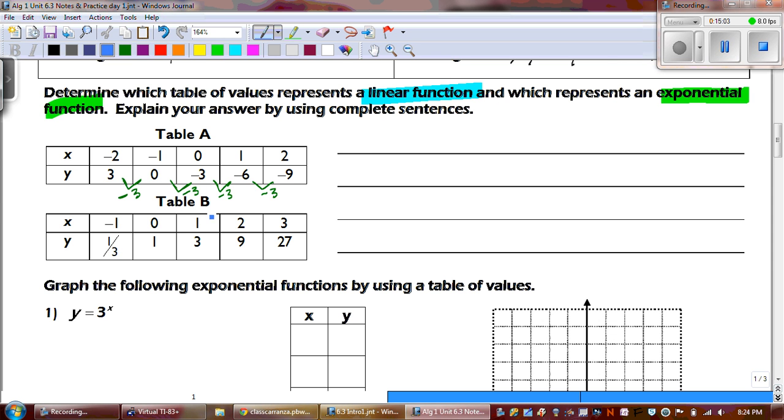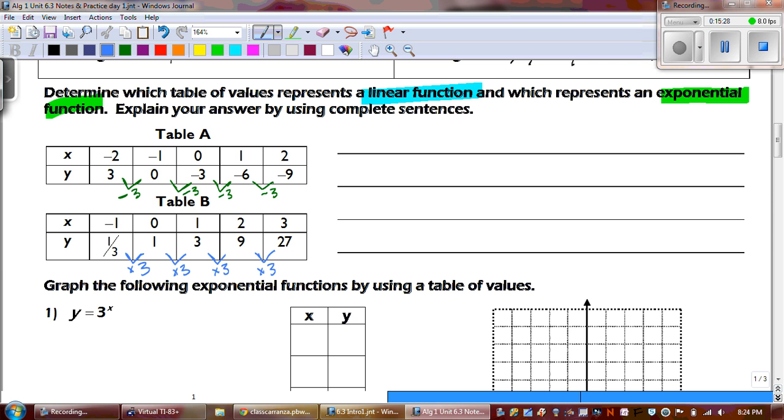Okay, but what about B? What's going on from 1/3 to 1? Or from 1 to 3? You might start to see from 1 to 3, and from 3 to 9, and 9 to 27, it's the same pattern each time. What's going on is you're multiplying that number by 3.